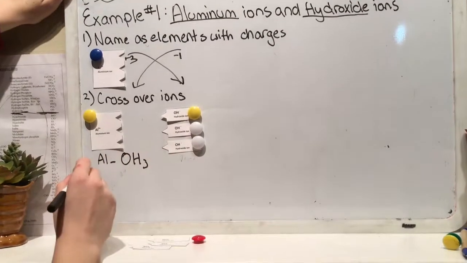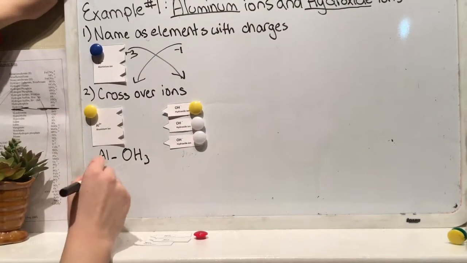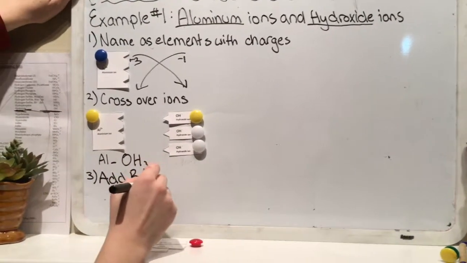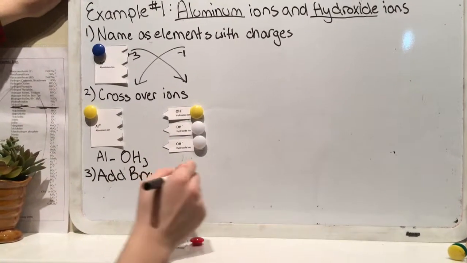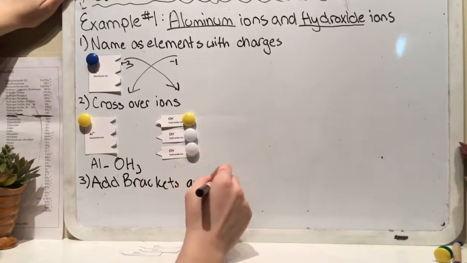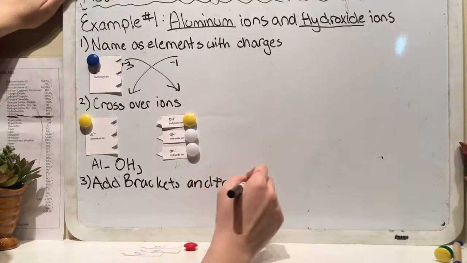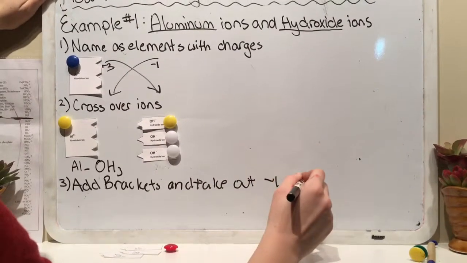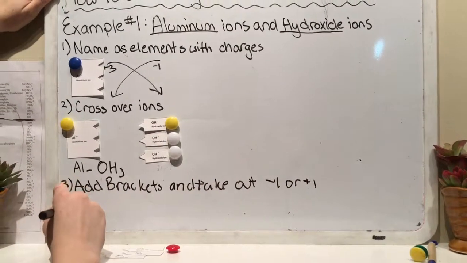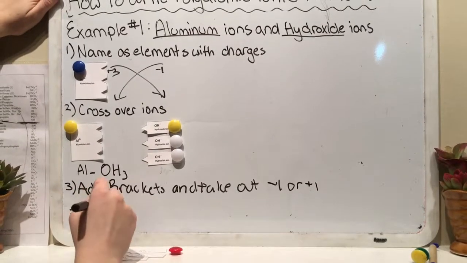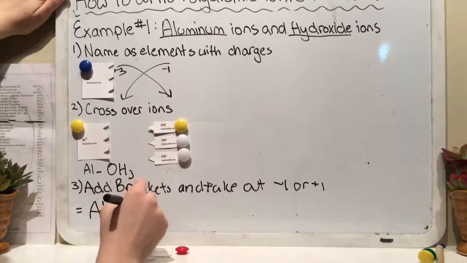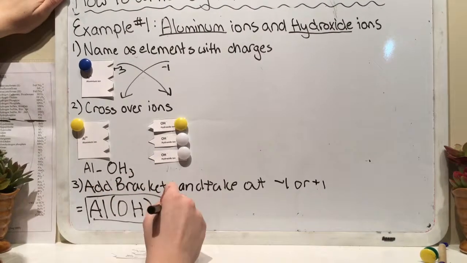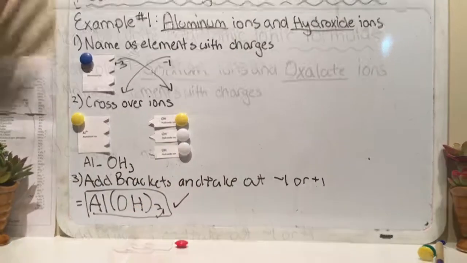This will create Al-1OH3. Step 3 is to get rid of unnecessary +1s and -1s, and also to put brackets around subscripts on polyatomic ions. This finally gives us our proper written formula, Al(OH)3.